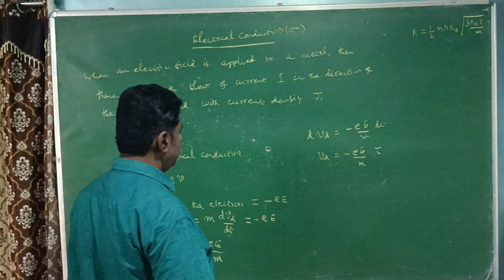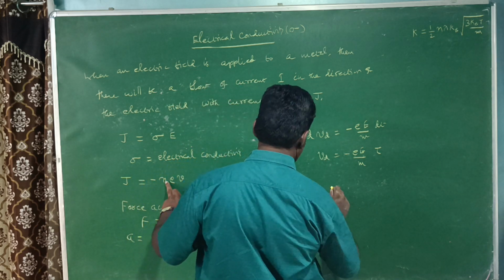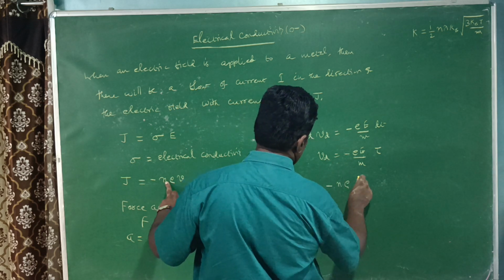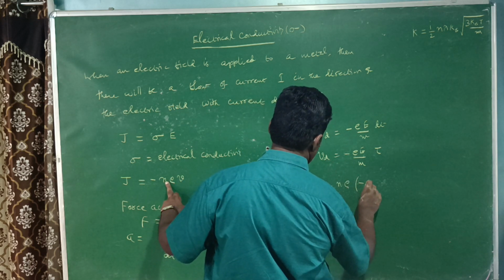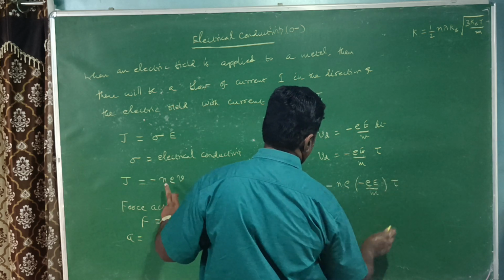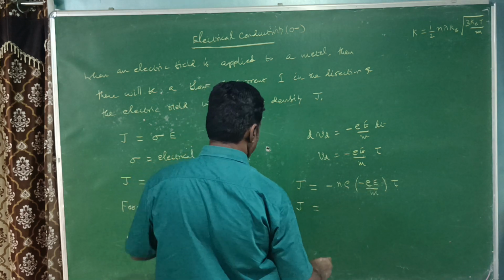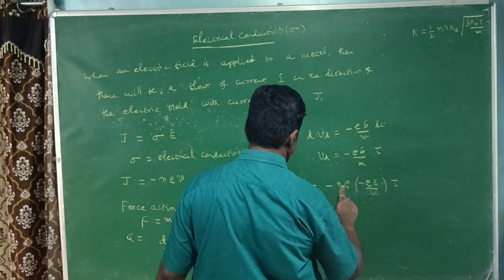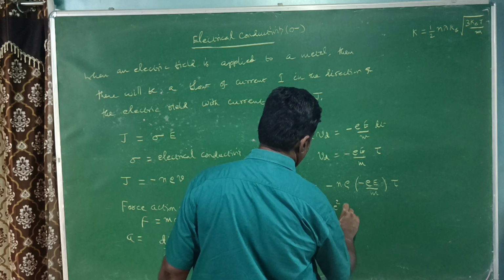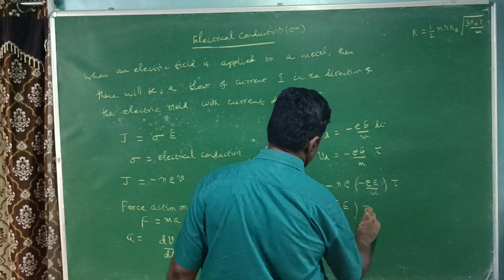Now the current density J becomes J equal to minus n e, this is the value of v, velocity, minus e divided by m into tau, collision time. Minus into minus plus n e square capital E divided by m into tau.